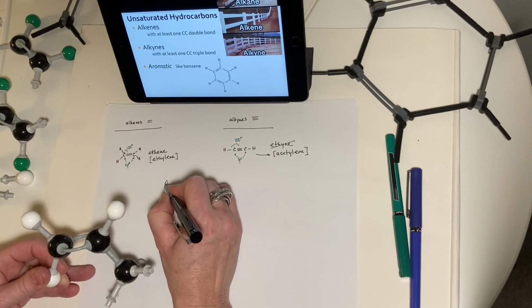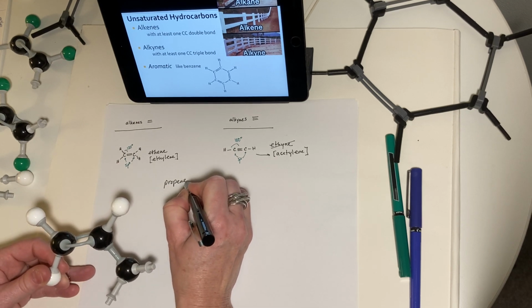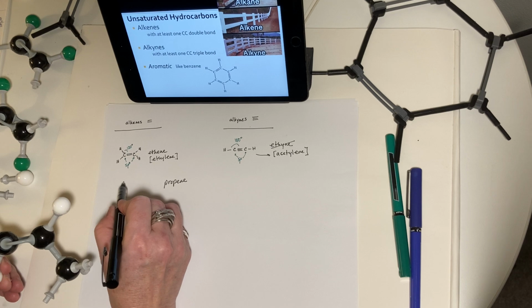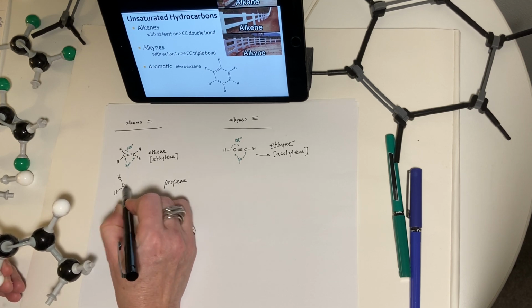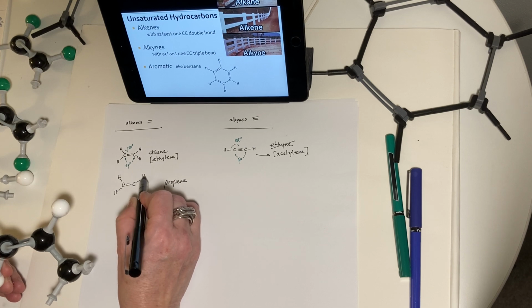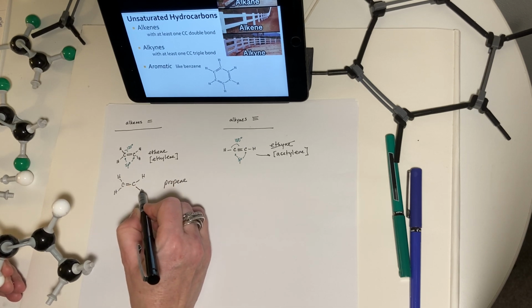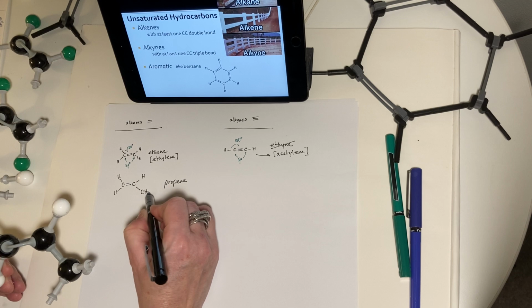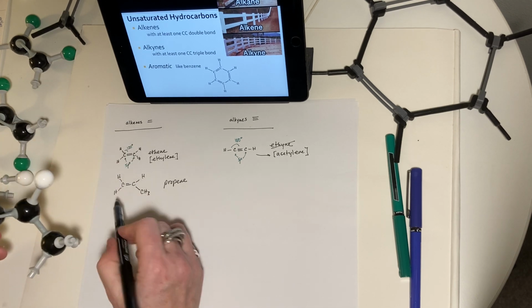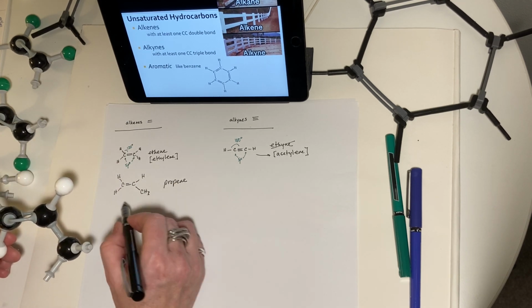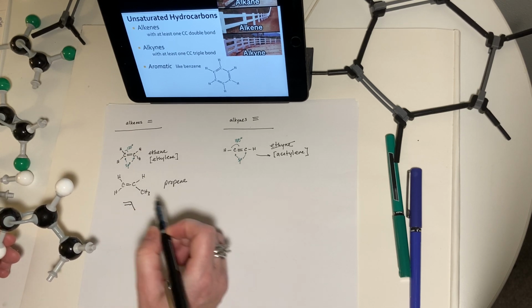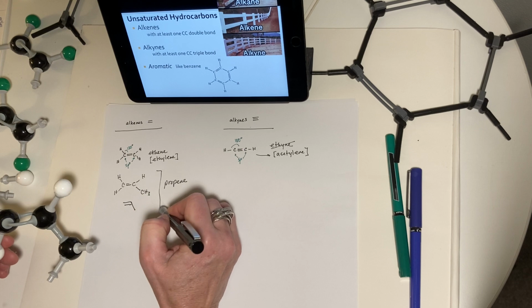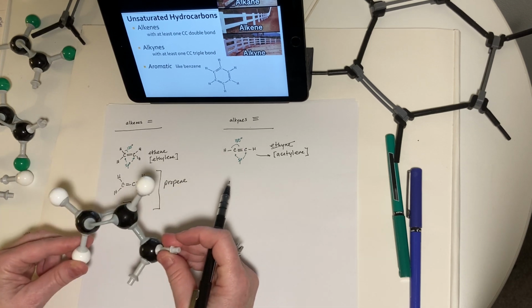So this is propene, and then we could draw it. We could draw it this way with the H's in there, where we replace that H and put a CH3 on it. Or we could use that nice elegant shorthand notation. That's propene.